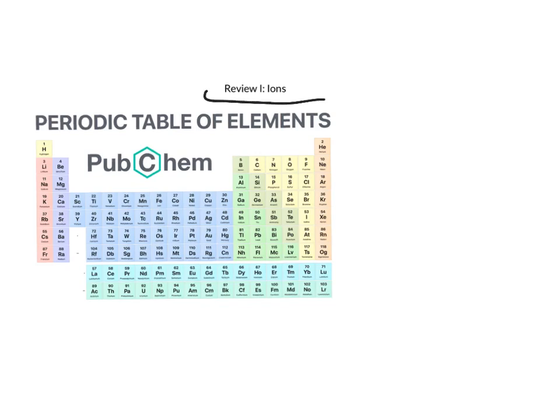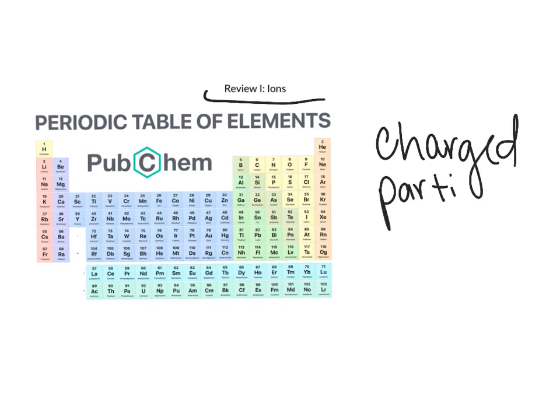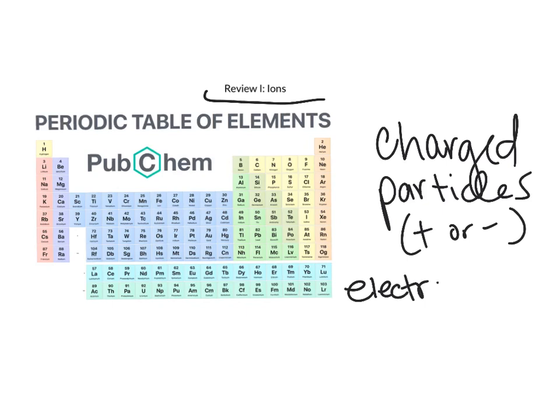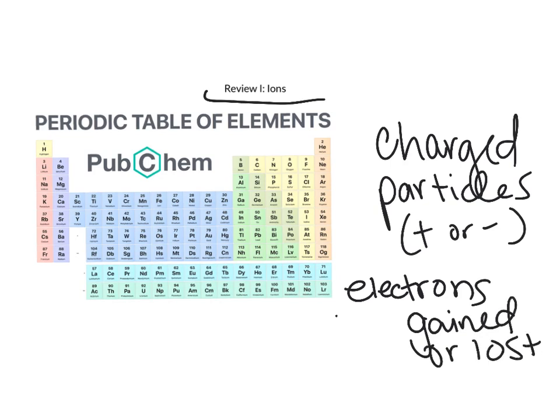So ions are going to be charged particles, meaning that they have a positive or a negative charge. This happens when electrons are either gained or lost. So make sure that you know that it's electrons that are changing, not anything else.